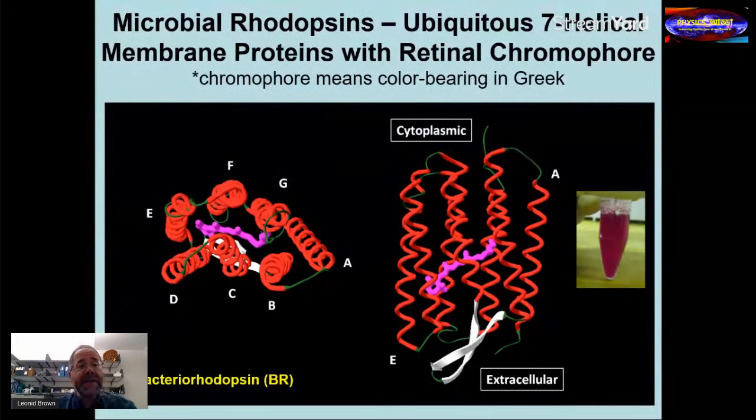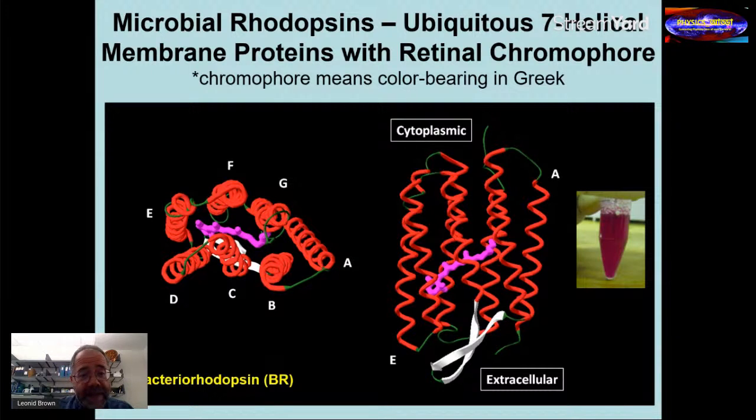So a little bit of history. Here is a typical microbial rhodopsin, and this is the first microbial rhodopsin, discovered back in 1972. So we have 50 years of research on microbial rhodopsins, and this prototypical one is called bacteriorhodopsin.